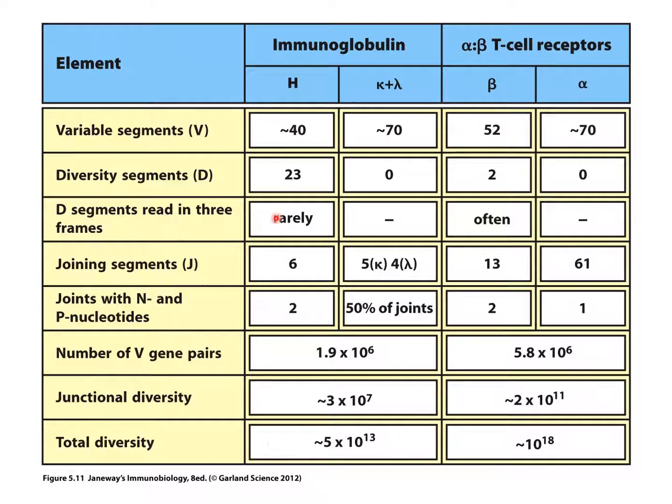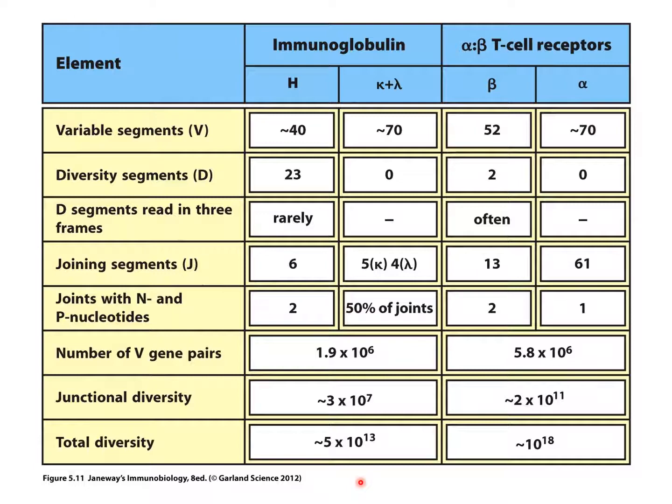So you can, just in the VDJ segments, generate a repertoire of 50 trillion different VDJ combinations. Not all of them are going to work.